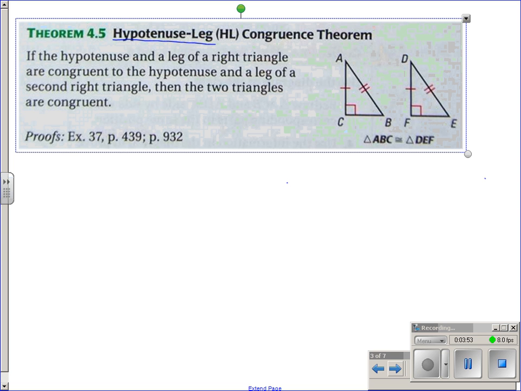What it says is, if in right triangles you have the hypotenuses congruent, the hypotenuses being the sides across from the 90-degree angle, and you have a pair of corresponding legs congruent, the legs being the sides forming the right angle, then you're going to have congruent triangles.